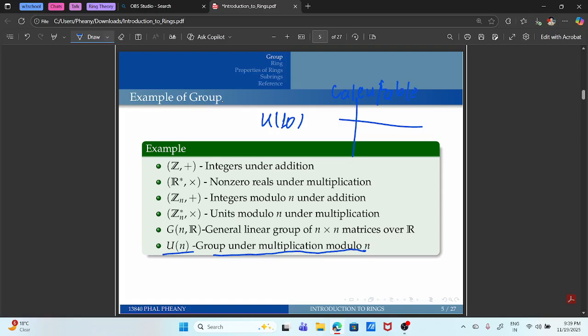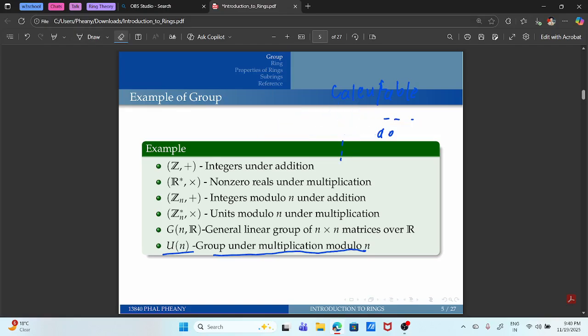This is modulo 10, meaning multiplication and then modulo 10. These are the elements, and then the multiplication of them, and then we take mod n. The remainder is an element of U10. Okay, now I have reviewed the groups right here.